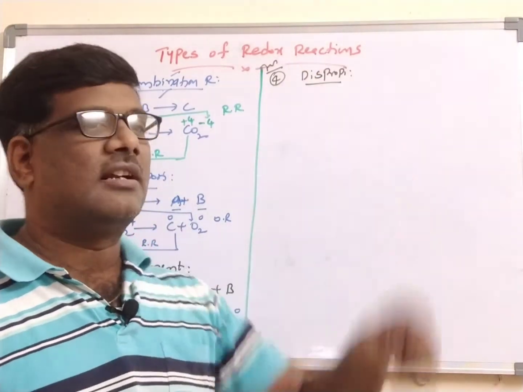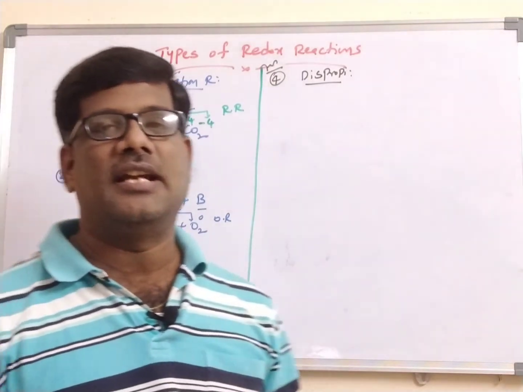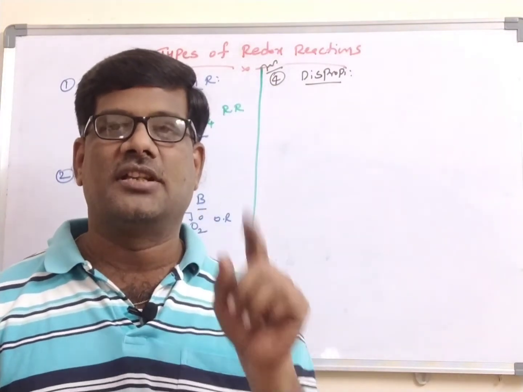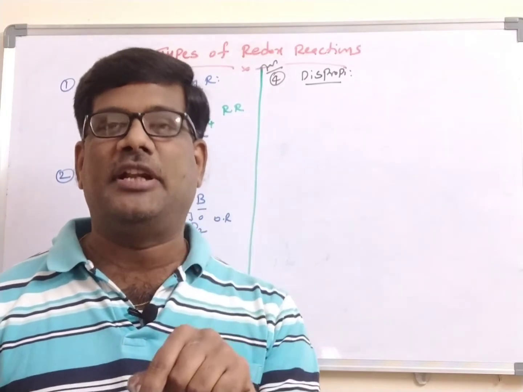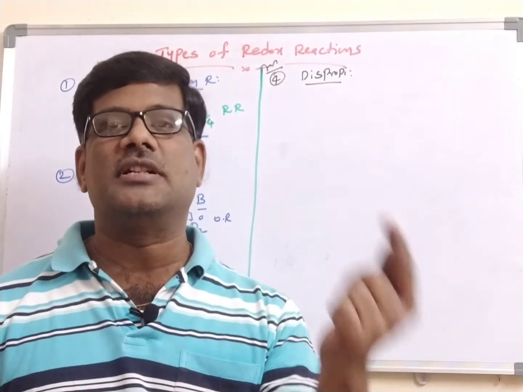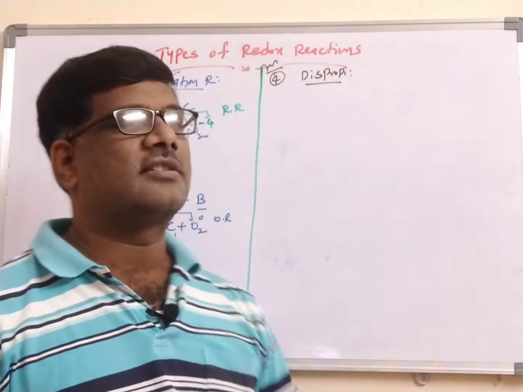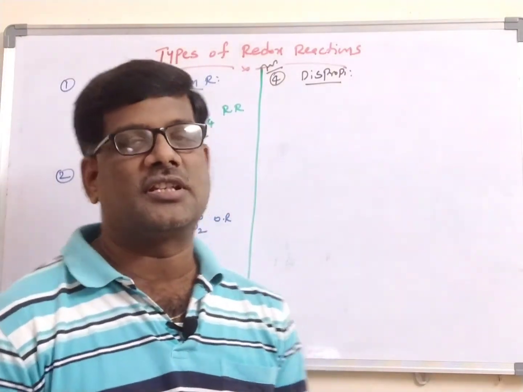Those reactions are called disproportionation reactions. Once again, very important: a redox reaction in which one element with an intermediate oxidation state undergoes oxidation and reduction simultaneously is called a disproportionation reaction.